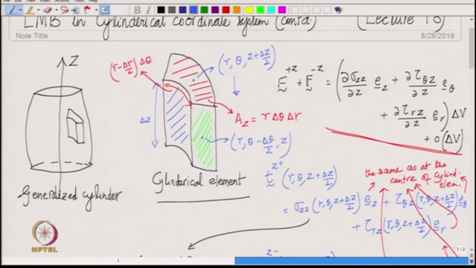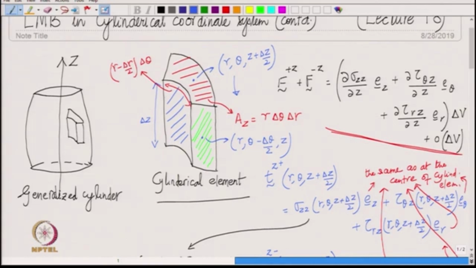The basis vectors E r and E theta on the negative theta plane are not the same as on the positive theta plane, because we know that E r and E theta change when the theta coordinate changes. So, we will get extra terms when we compute the force even for theta planes, just like we got an extra term for r planes, but the reason was different there because the area was different, whereas here the basis vectors are also changing. So, we will get an extra term.